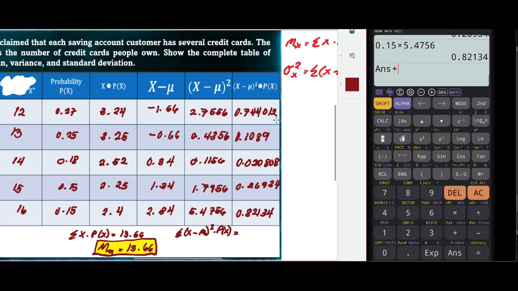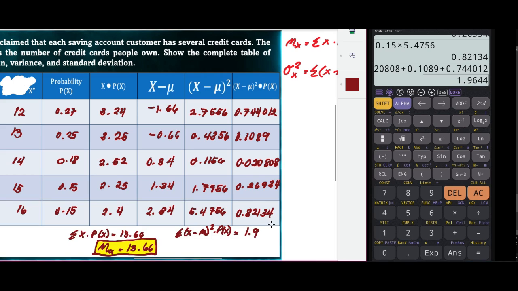Okay, 0.81 plus 0.82134 plus 0.26934 plus 0.020808 plus 0.1089 plus 0.744012.